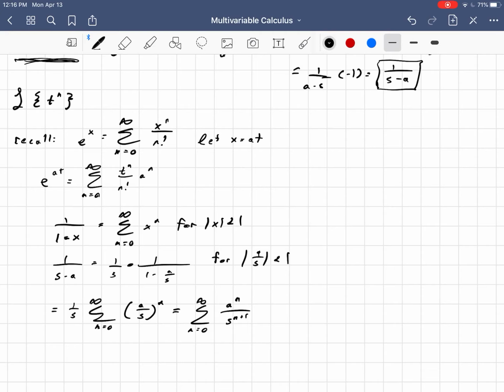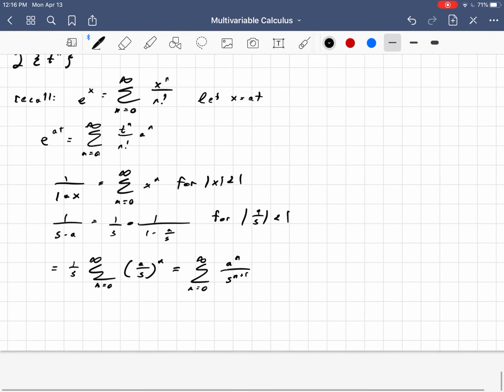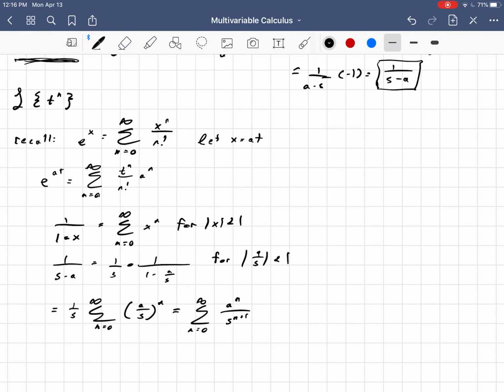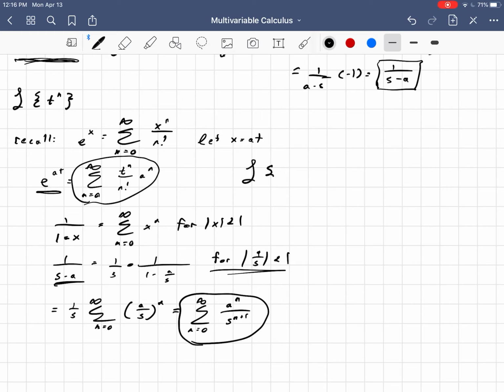So, what does this tell me? It tells me that, okay, I know that if I were to take the Laplace transform of what I just circled, I would get the Laplace transform of e to the at, which is 1 over s minus a, which I have shown to be the same as this for that condition.